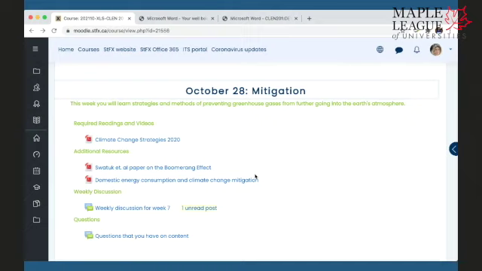Mitigation. So mitigation, again, I'm starting to move into solutions now. Mitigation, in the climate lingo, is basically methods of preventing greenhouse gases from going into the Earth's atmosphere. So windmills, solar, electric cars, these kinds of things are all forms of mitigation. And I wanted to introduce them to how mitigation and adaptation are totally different things.